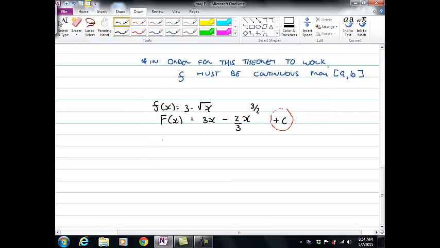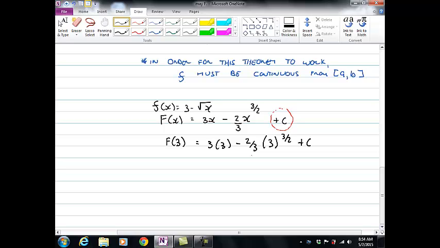First I'm going to start with F of 3, because that's what it says, F of b. 3 times 3 minus 2/3 times 3 to the power 3 over 2 plus c. I want you to solve and give me an actual number, please.